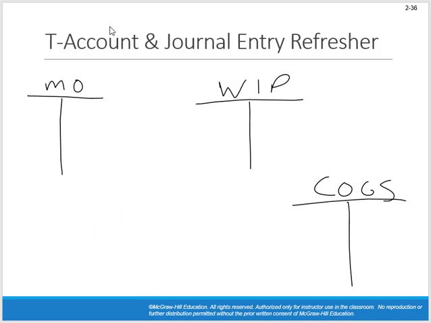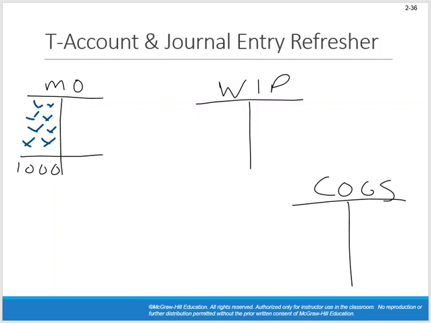So let's say during the year we've been incurring all this MO. So we'd be debiting MO for all of those MO costs during the year. Let's say that it adds up to $1,000. And based on our predetermined overhead rate, we end up applying $800 of MO over to WIP for this particular job, our one and only job.